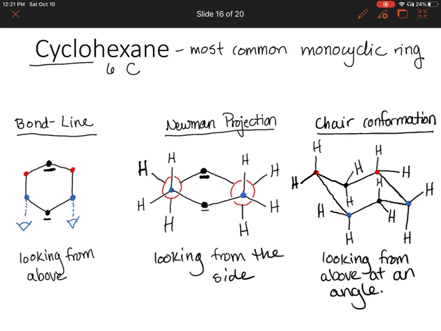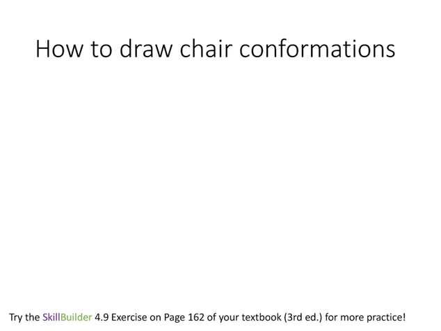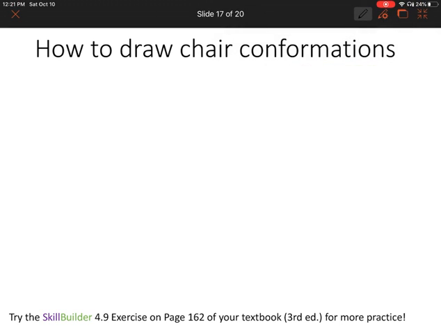So let me walk you through how to draw chair conformations, because I drew this fairly quickly and I want to walk you through how to do it in more detail. All right, so we'll want to draw first parallel lines, and they're going to be offset from each other.